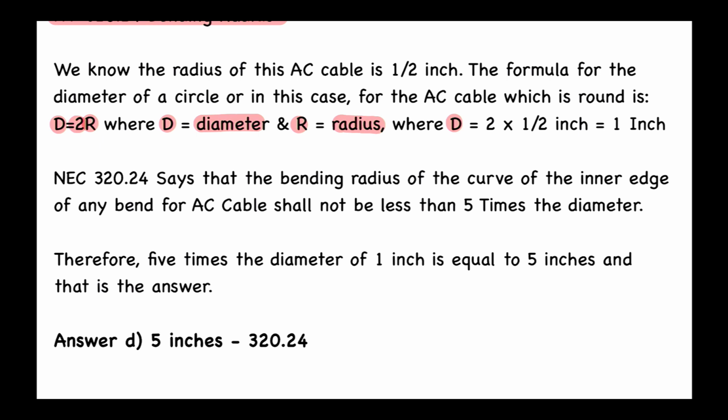So D equals 2 times ½ inch, which gives us 1 inch. NEC 320.24 says that the bending radius of the curve of the inner edge of any bend for AC cable shall not be less than 5 times the diameter. Therefore, 5 times the diameter of 1 inch is equal to 5 inches, and that is the answer.